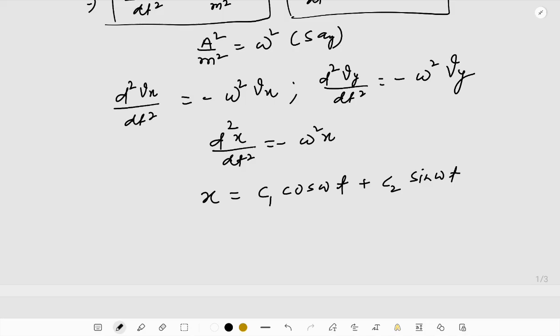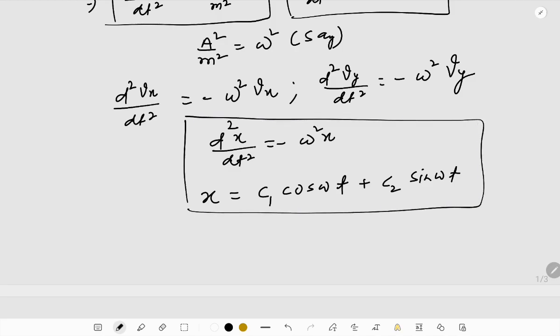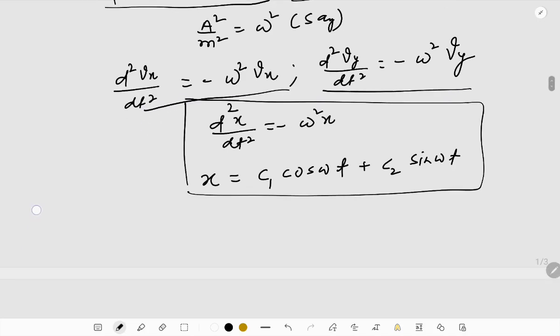You don't need to worry about solving it back. You can guess an equation if you have the knowledge of mathematical functions. This is the solution of this equation, and of course we also have the solution of these two equations.